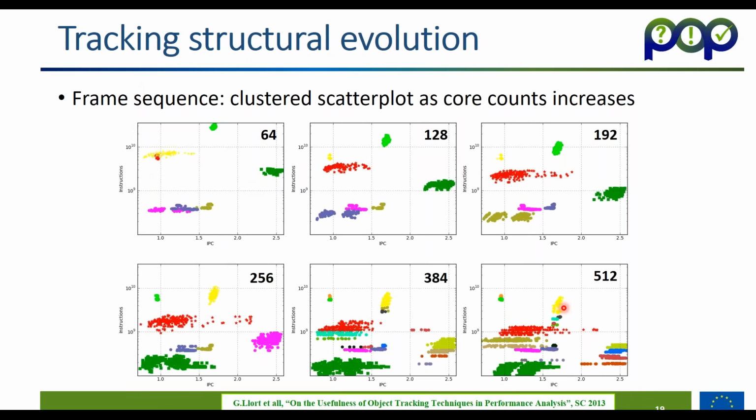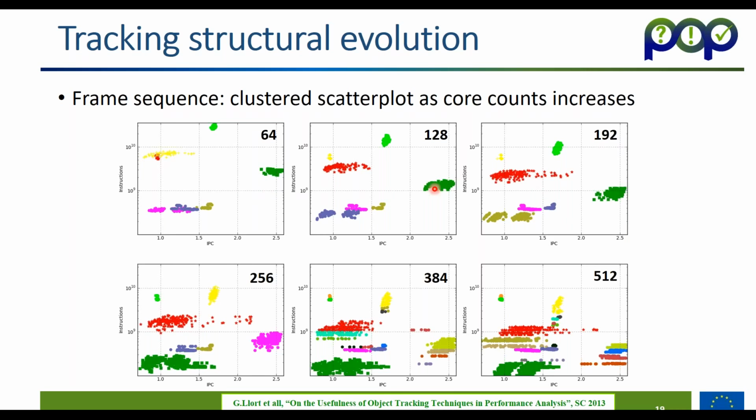Another technique: you can do that analysis of clustering and detecting the different regions for a run of 64 processes, for a run of 128, or for a run of 192. The question is, because these are three, or six in this case, independent clustering analyses, we don't have a clear correspondence between each of them.